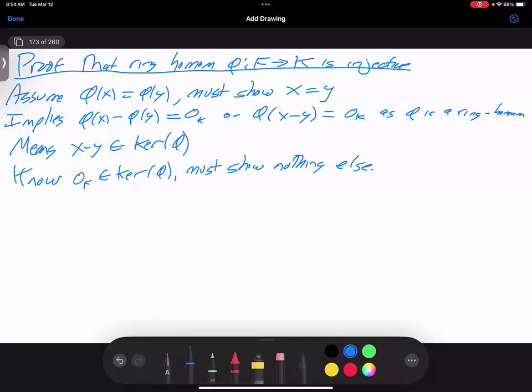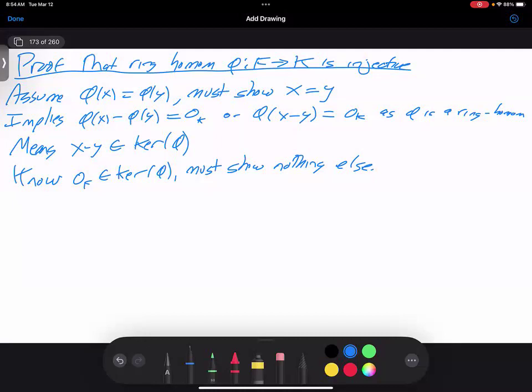And again, that's essentially what it means to be injective. So if we know it's injective, we know that only 0 is in the kernel. And if we know that only 0 is in the kernel, then we know it's injective. Right now, we don't know either. We're trying to prove that it's injective.